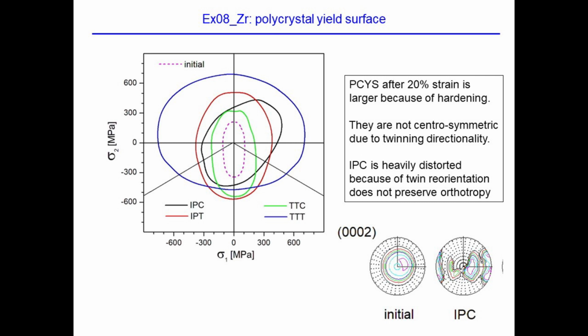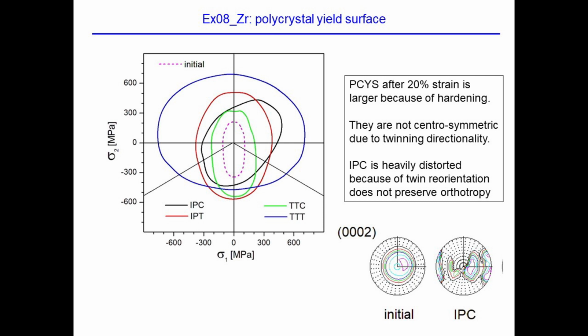Now, you start the forming, and after 20% you recalculate your yield surface, and depending on what you do, you get very different results. For example, let's look at through thickness compression, which is the green one. Essentially, in through thickness compression, you activated compressive twins. This is what you get for the yield surface. In through thickness tension, you get this, and these are the real values of critical stresses.